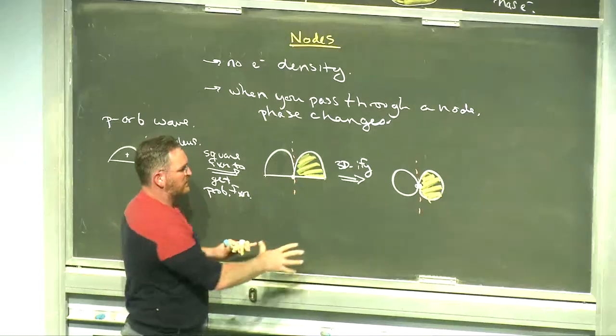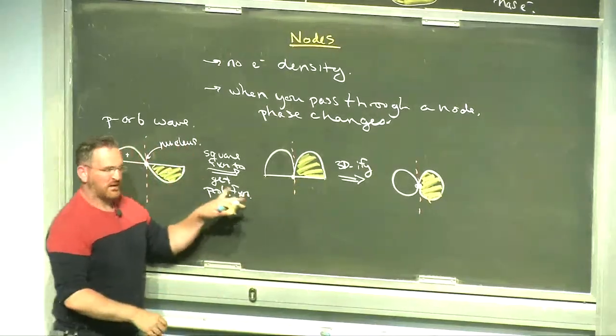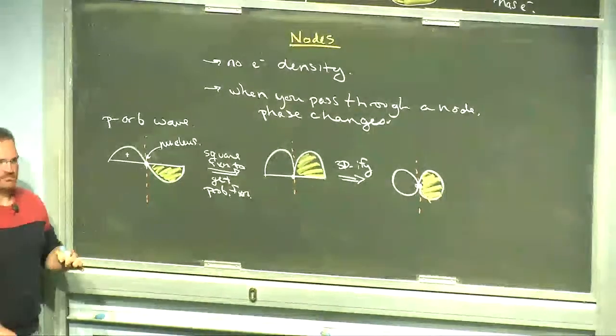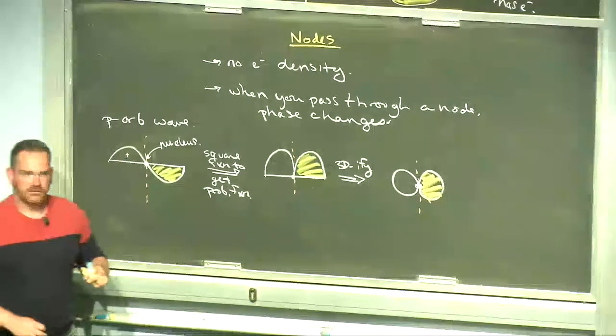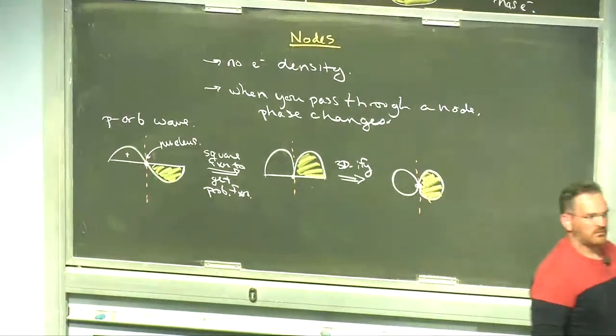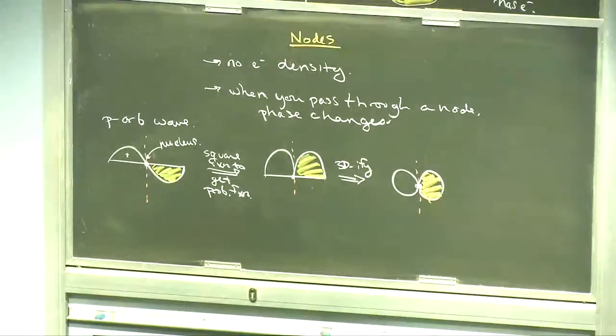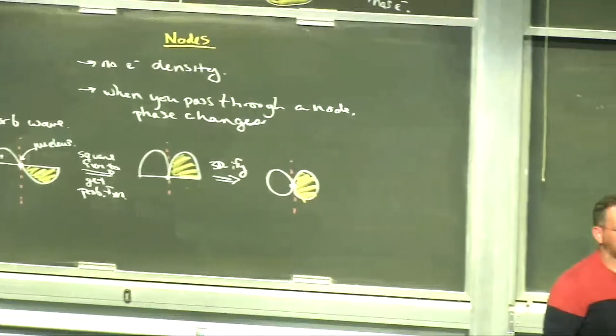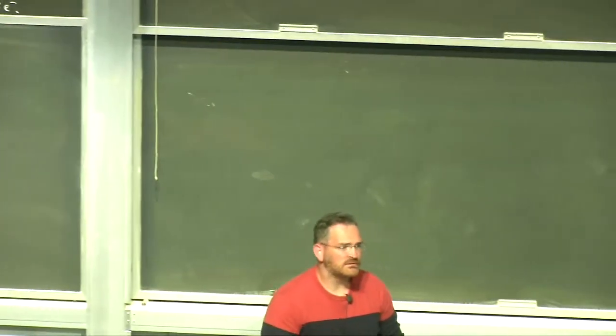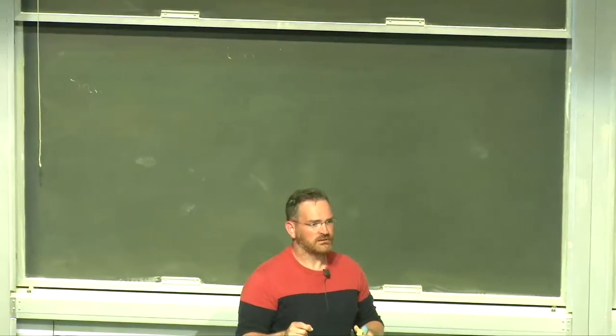So the meaning comes from here, and this came from our wave shape. Mainly, as you're going left to right, every time you get zero electron density, you then switch your phase. Sometimes it's the nucleus. For a p orbital, the node is at the nucleus.